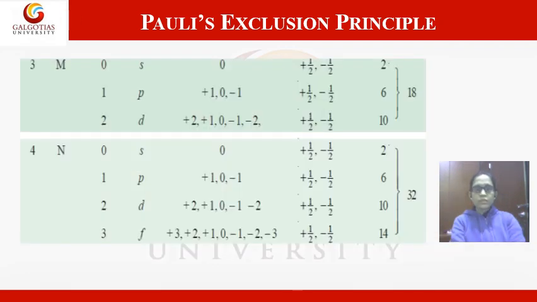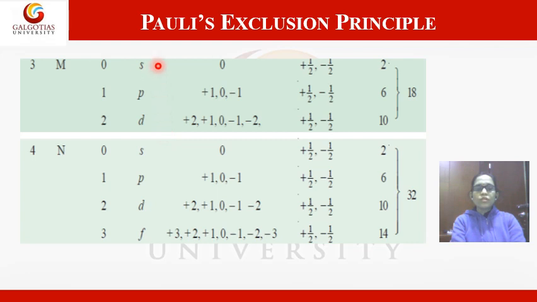Let us examine Pauli's exclusion principle for the third and fourth shells. For the third shell, that is the M shell, n is equal to 3. There is a total of 9 orbitals: one 3s orbital, three 3p orbitals and five 3d orbitals.